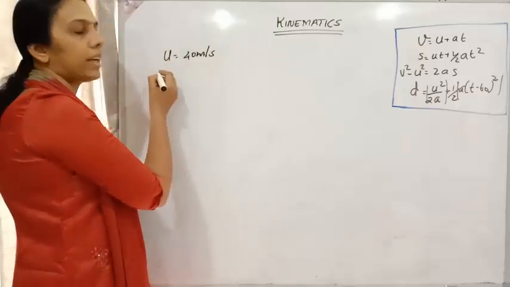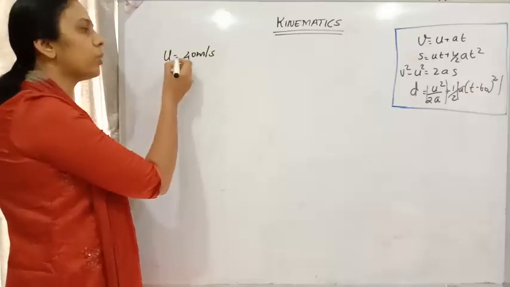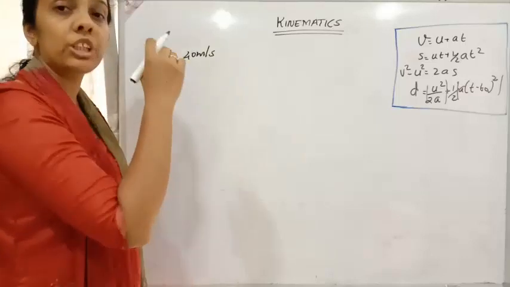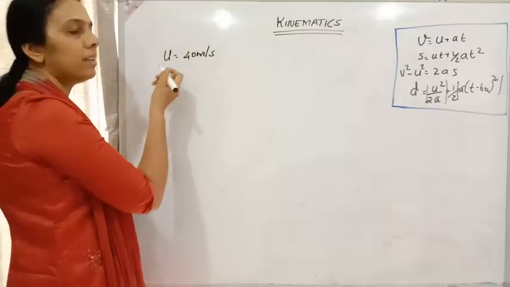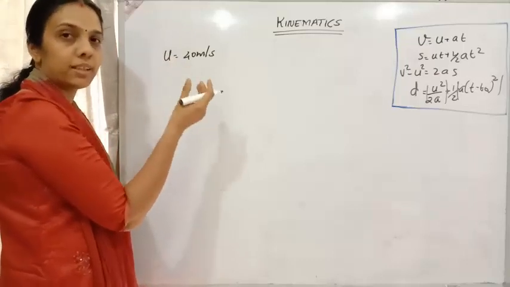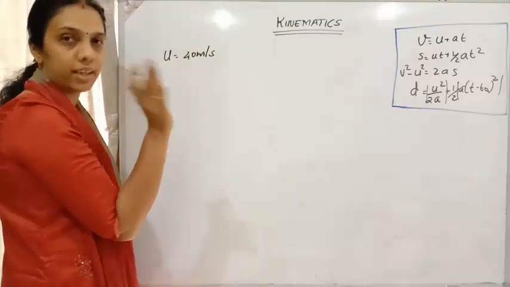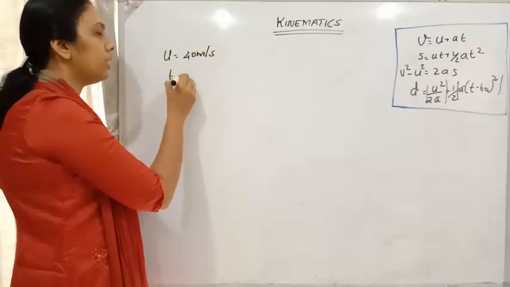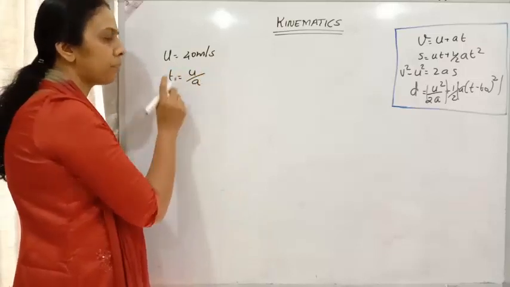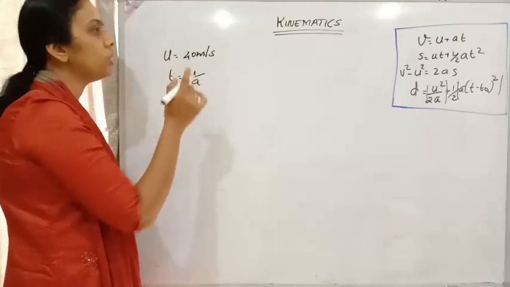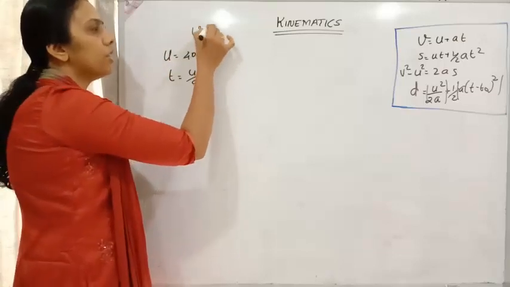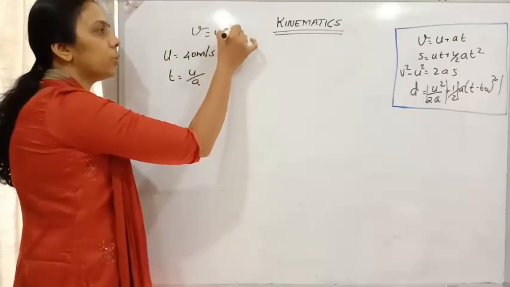How can we find the time required for the object to reach the maximum height? Yesterday I told you v is equal to u plus at, therefore t is equal to u by a. For those who didn't watch yesterday's video, I am telling it once more. The formula is v equals u plus at.